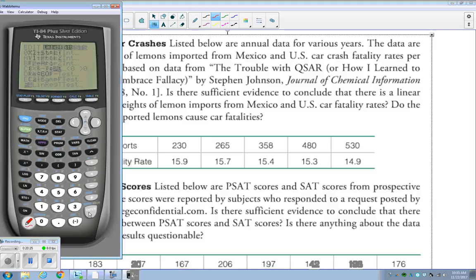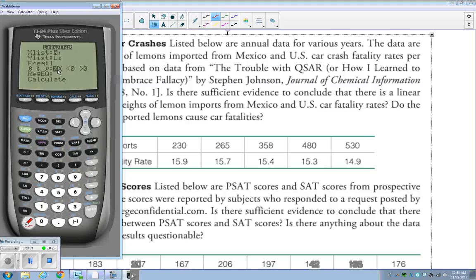Go ahead and press enter. And here's where you have to make sure that you have your things set. X list should be L1. Your Y list should be L2. Your frequency should be 1. And the one that's highlighted is not equal to.